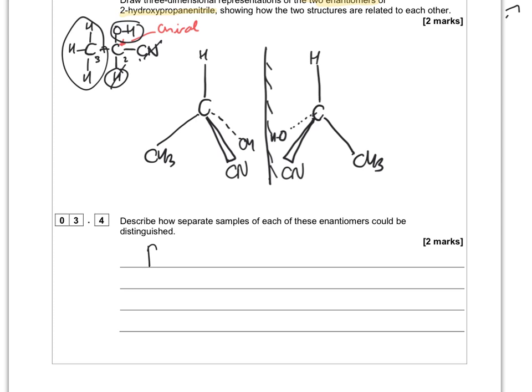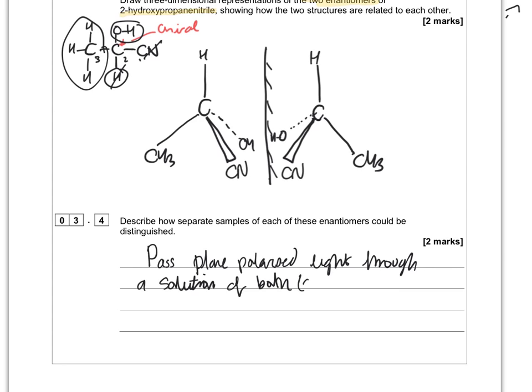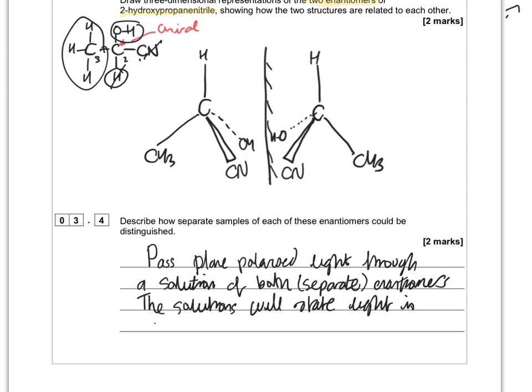So by passing plain polarised light through a solution of the enantiomers, or separate enantiomers, the solutions will rotate light in opposite directions.